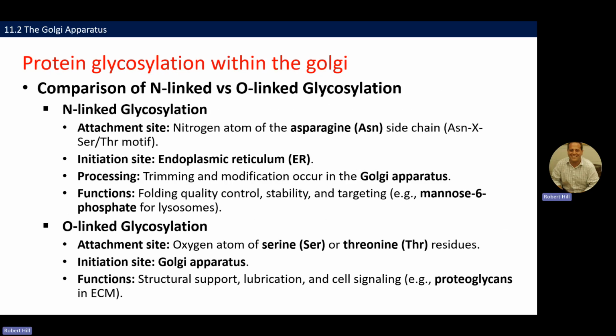All right, so just to review these 2 types of glycosylations, N-linked occurs or is initiated in the endoplasmic reticulum. Right, it's the addition of an oligosaccharide to the nitrogen atom of an asparagine residue.